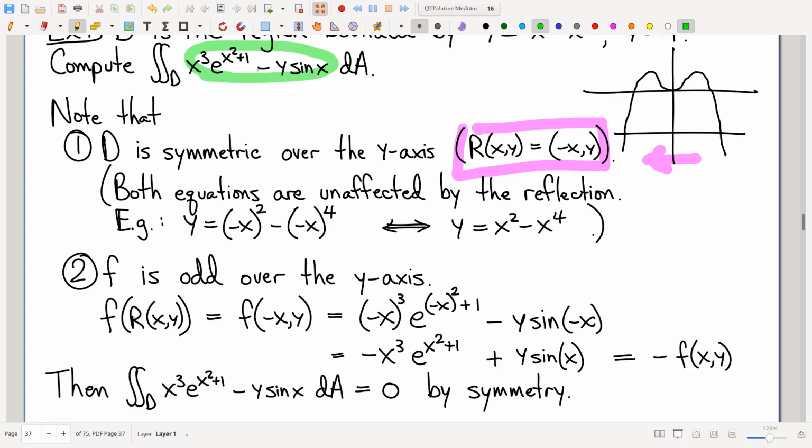It's really not clear. But what you can do is just think to yourself, well, look, the way we test oddness is we reflect the input as per our reflection. Now, of course, that means that everywhere we had an x, we're instead going to put minus x.